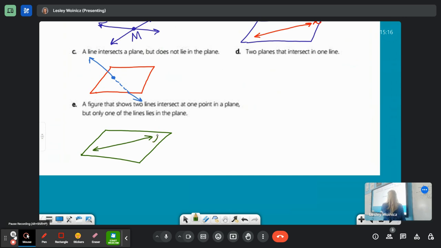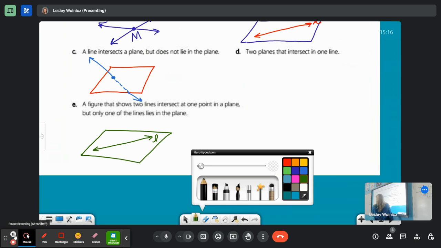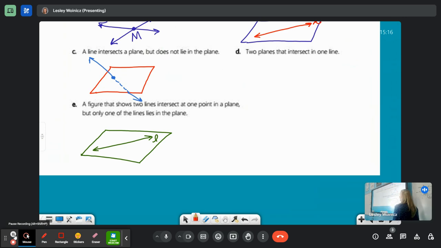I'll call this one L. Okay, and they are going to intersect in one point. The other one is intersecting both the line and the plane at that location. I'm going to call him M. Line M. It's not too bad once you get the hang of it. Except for that one.